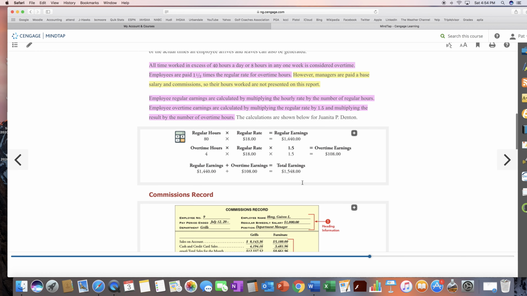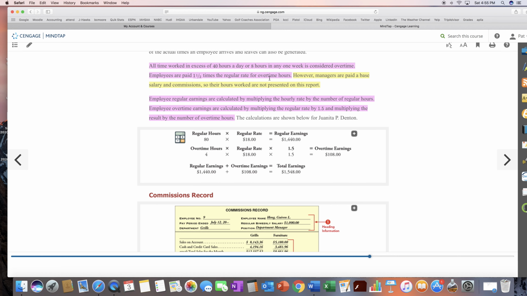So if you work overtime, here, regular hours, 40 hours a week, 2 weeks is 80, times what you're getting paid, $18 an hour, you get that much money. If you worked 4 overtime hours, times the regular rate, 18 times 1.5, because this is the time and a half.